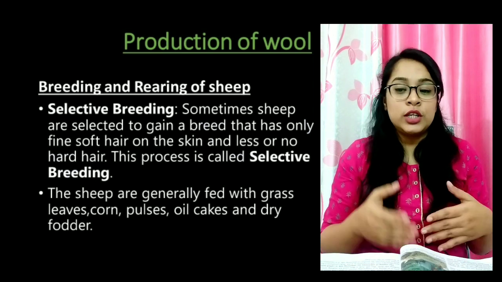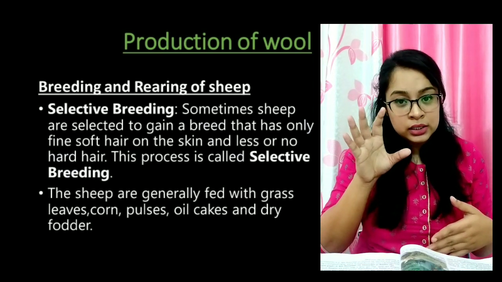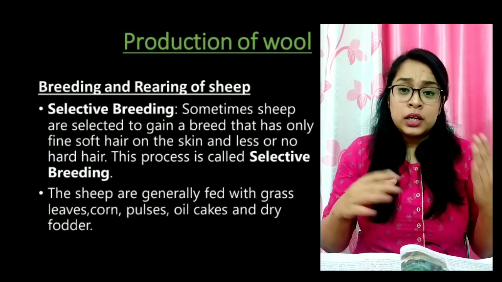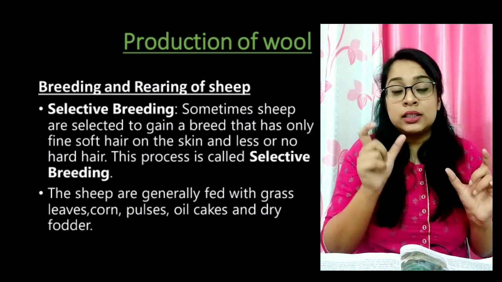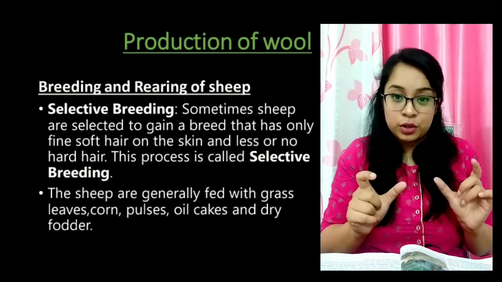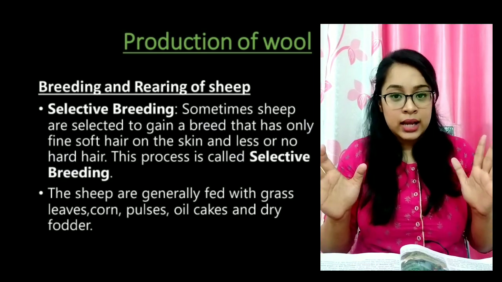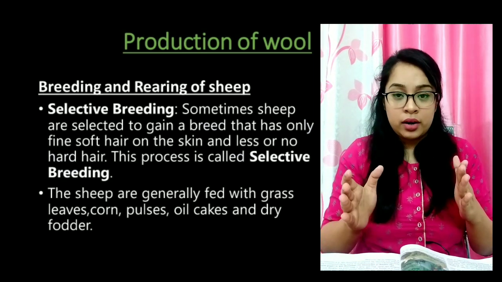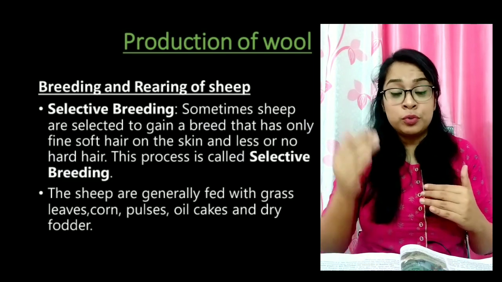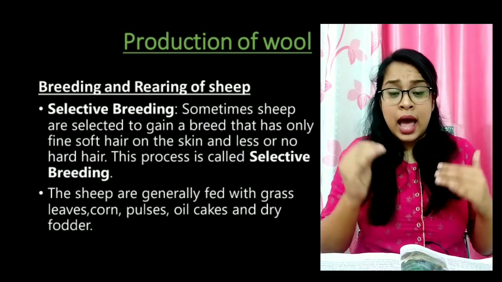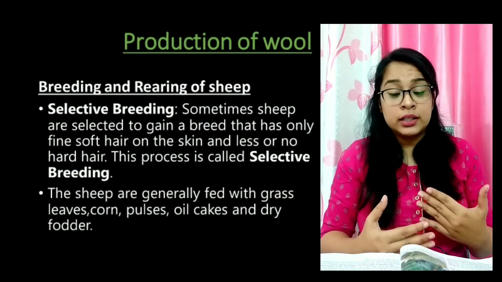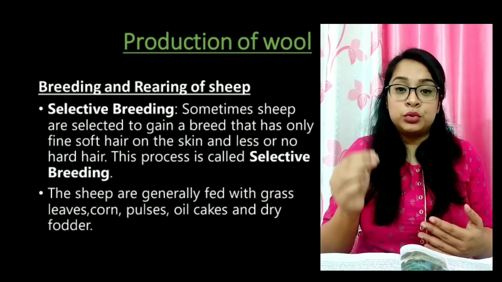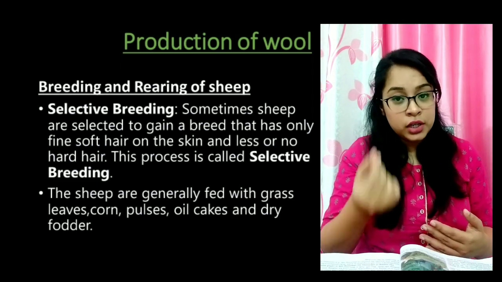And we need to select the high yielding breed. There is a term called selective breeding. Breeding means making them reproduce. The main fact is that we choose two parents who have more fine soft hairs and make them reproduce, and their offspring will have more fine soft hairs.